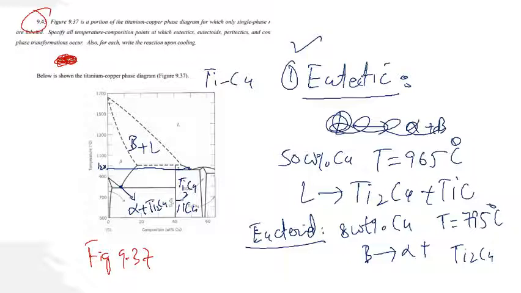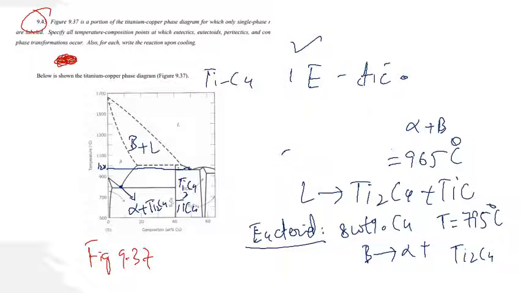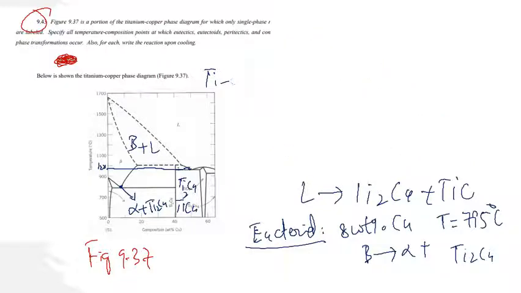Now for our next part, we have to determine the peritectic. It is very necessary for you to understand what a peritectic is. The peritectic is a reaction in which a solid plus a liquid convert to another solid.